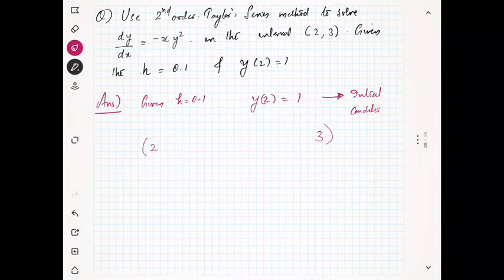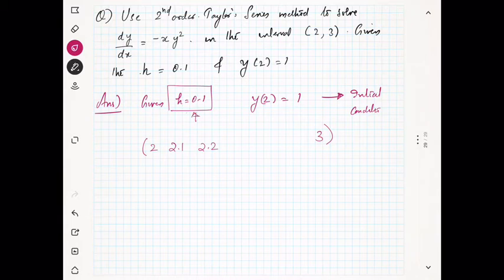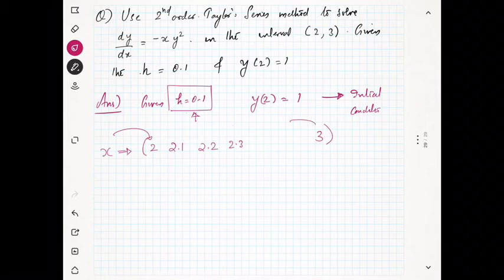The increment is 0.1, so we have the points 2.1, then 2.2, and 2.3, because the increment is 0.1. This is the value of x, because x starts at 2 and ends at 3, as given in the question.